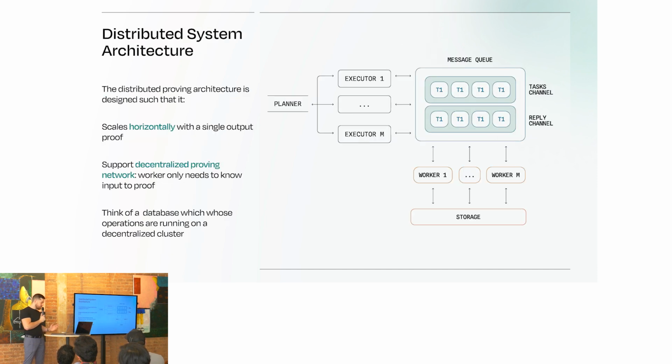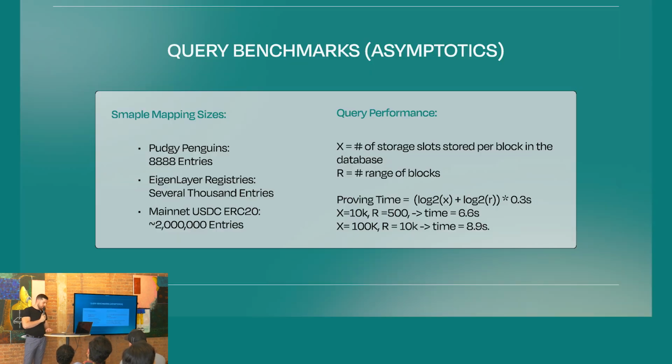What this lets you do is scale horizontally by just throwing more workers at the problem. Because of the naturally parallelizable nature of the construction, you can reach performance times that are a lot better than what you would otherwise be able to do if you were doing everything sequentially.